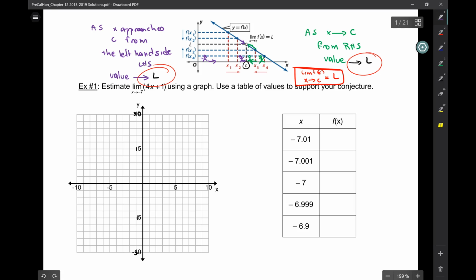Okay, so let's graph y equals 4x plus 1. When x is 0, what's y? 1. And then the slope is 4, right? Over 1. So that's what it looks like.